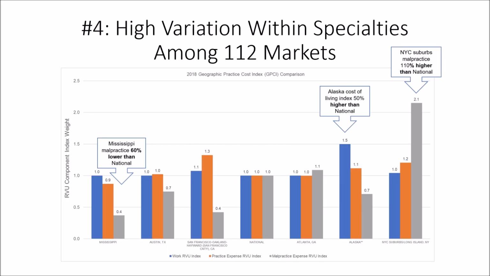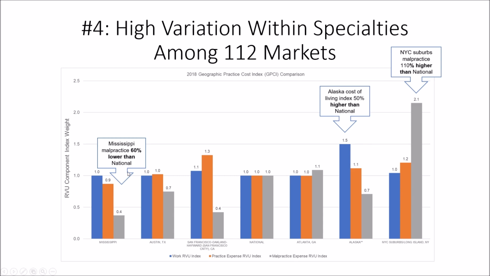The fourth major observation from the provider utilization and RVU data subscription is that most of the variation within specialties occurs between markets. This chart illustrates a comparison of the various geographic practice cost index adjustments for 6 real markets. On the left, the Mississippi Malpractice Cost Index is 60% lower than the national base level.